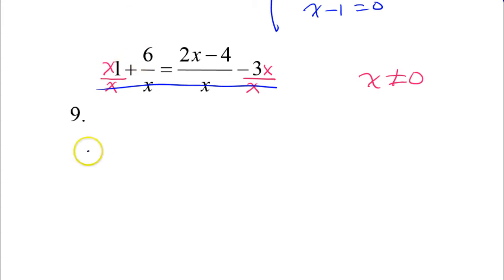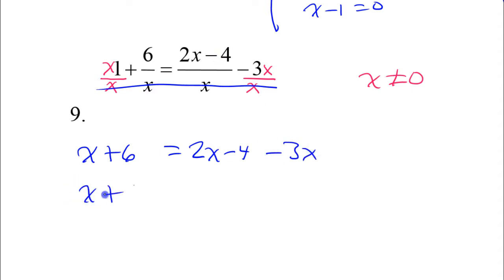So I've got x plus 6 is equal to 2x minus 4 minus 3x. So that's x plus 6. Combining these like terms, the 2x and the negative 3x, that's negative x minus 4.